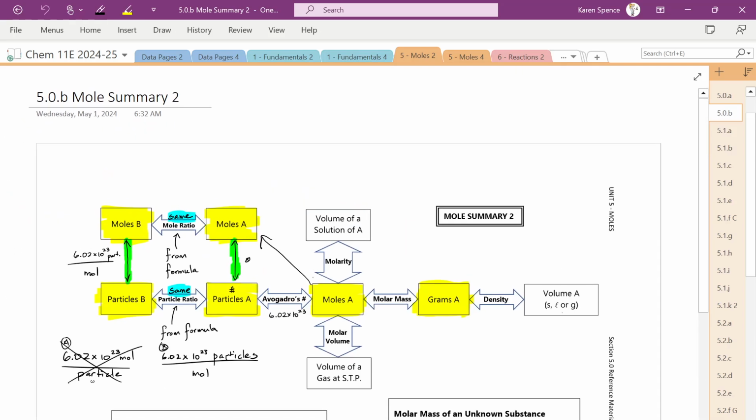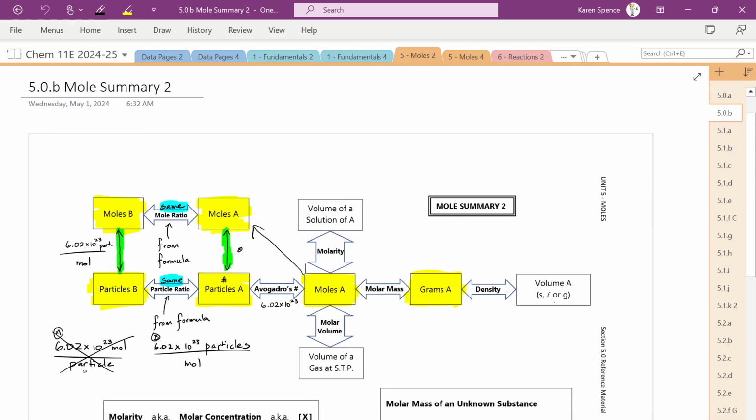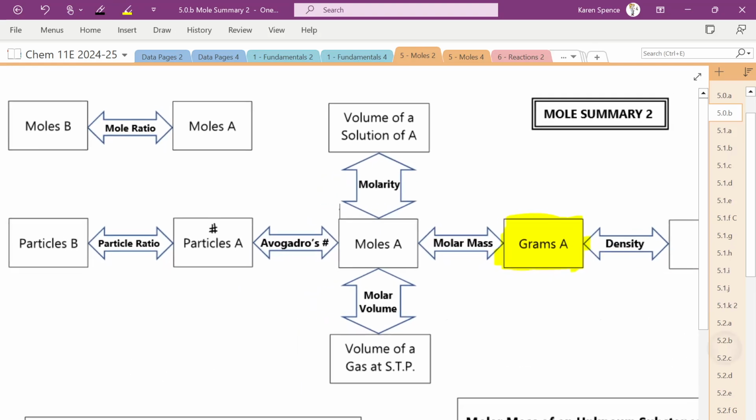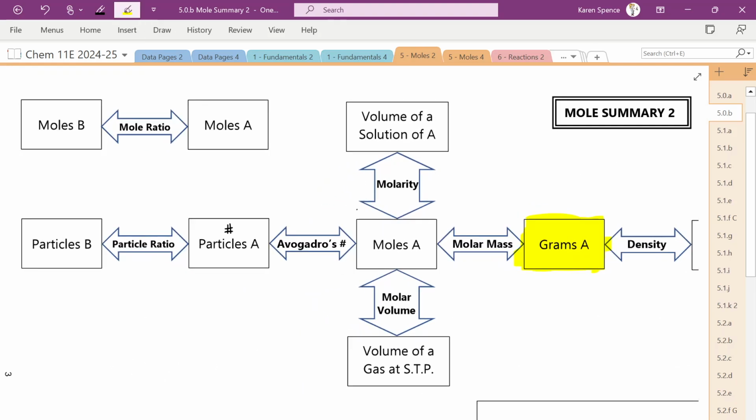There we go. Okay. So if I clean this up, we are now able to do everything that is highlighted.